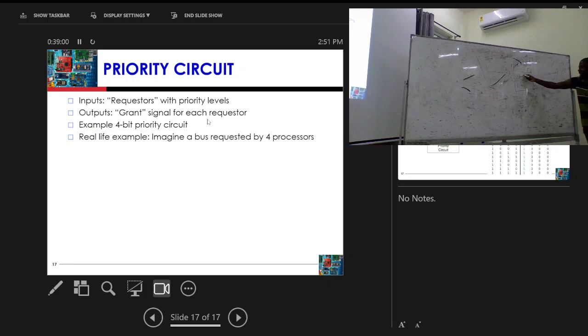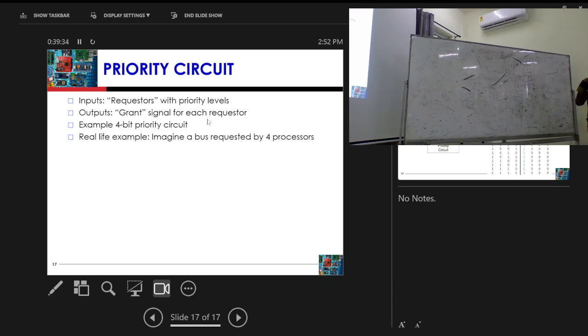From the bus to memory there's a grant line, and from the bus to I/O there's also a grant line. So if CPU wants to use the bus, it activates, it makes the request one, and once it goes through, the bus looks at it and then the bus will grant it. If I say the bus was granted, it means that it has made this line one. If the bus denies it, it makes here what? Zero. Are you getting it?